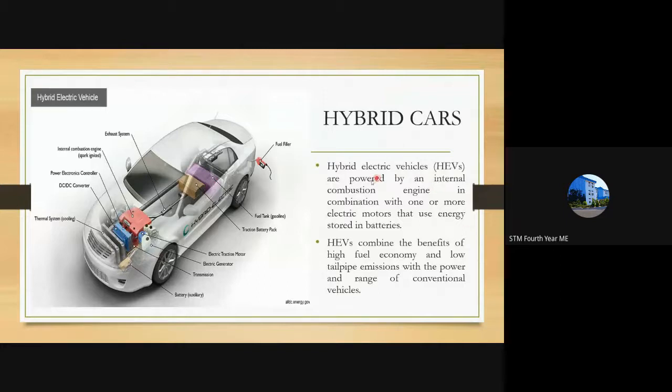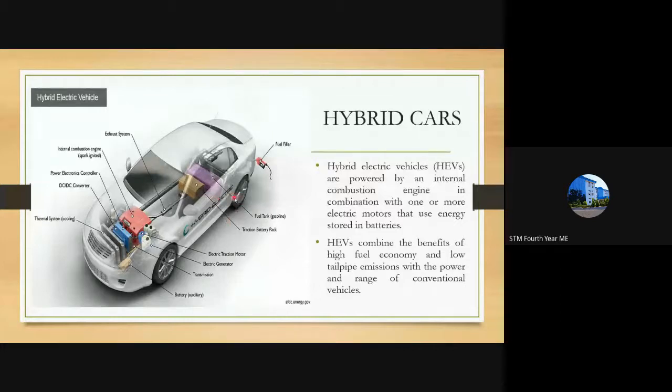Then you can see it is written here, hybrid electric cars are powered by an internal combustion engine in combination with one or more electric motors that use energy stored in batteries. So what happens is that in an engine, we get rotational motion, which is then transmitted here to the rear wheel.